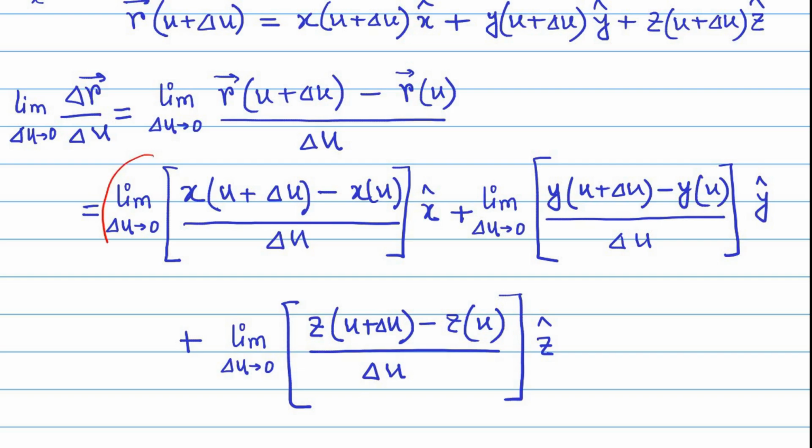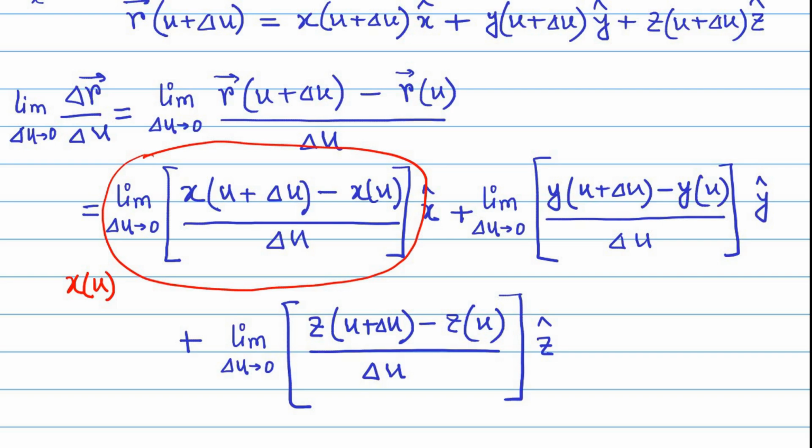We have, for example, in the circled area, the derivative or differentiation of a real valued function, which is called x of u, and x is, of course, a scalar real valued function, and u is a scalar variable.